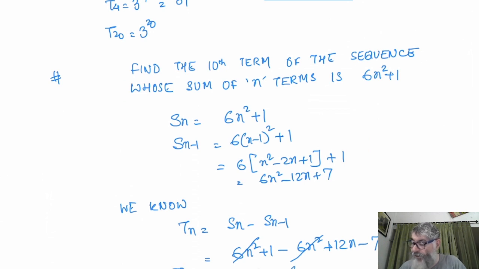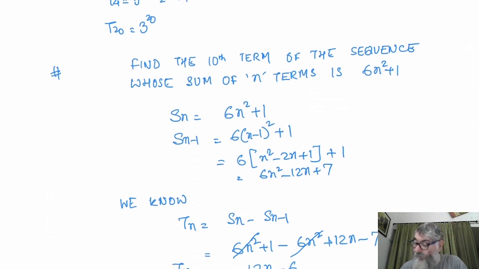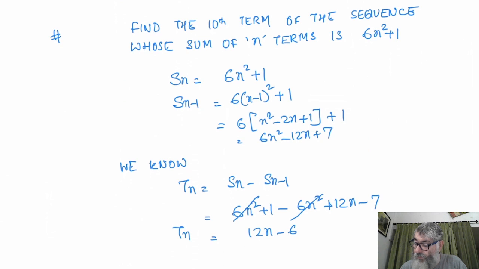So Tn is 12n minus 6. You want the 10th term, so T10 will be 12 into 10 minus 6, 120 minus 6, that is 114.